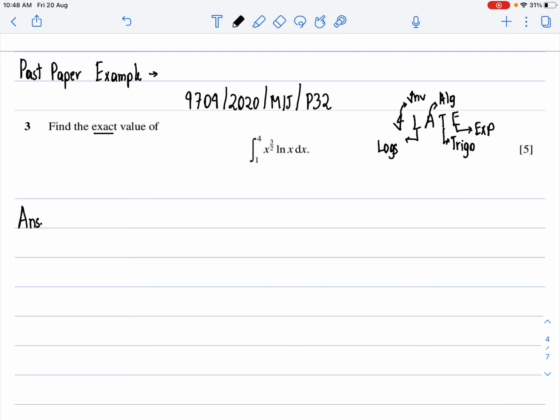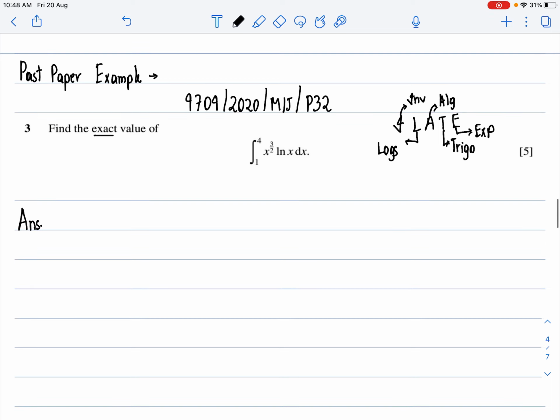Now what I have here in this case is x raised to 3 by 2, which is algebra, and ln x, which is logs. Now in the order of ILATE, logs comes before algebra.